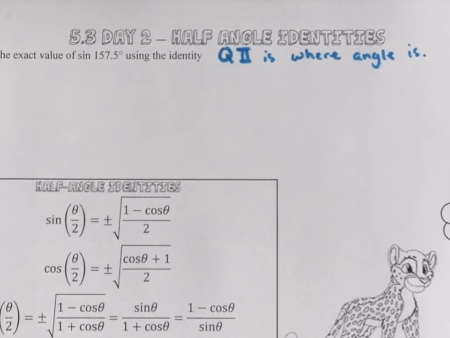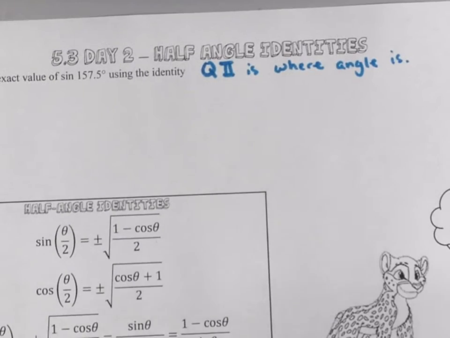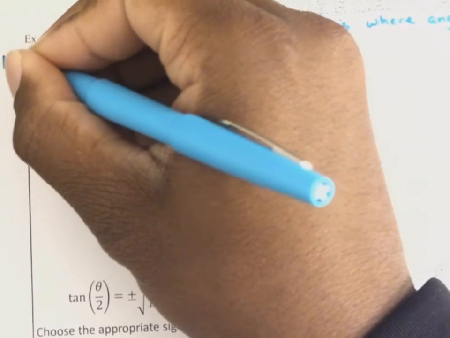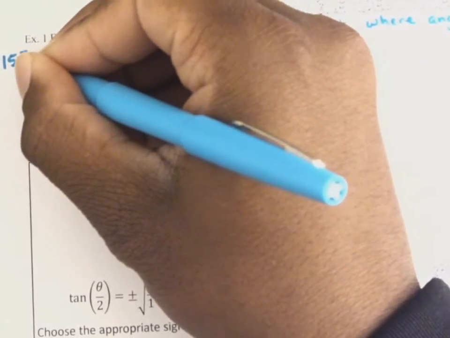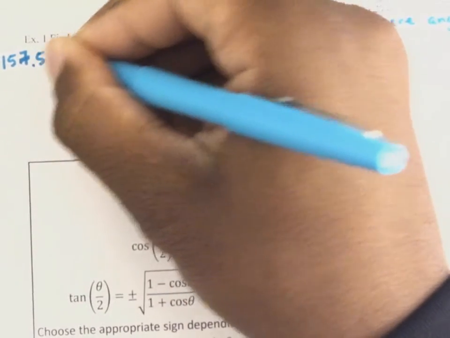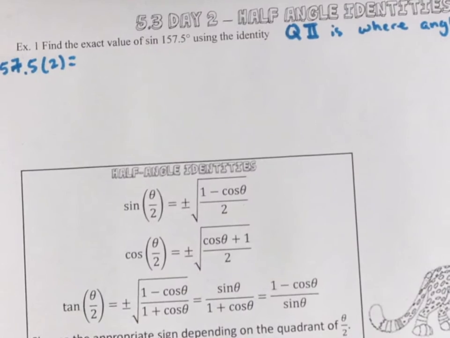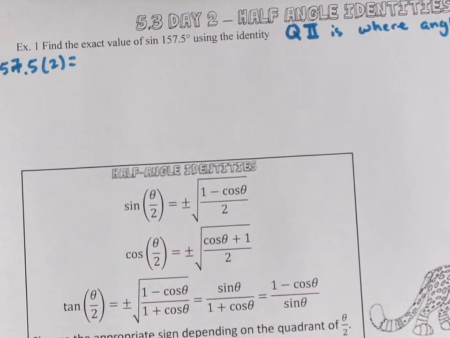So to figure out which angle I'm actually going to use to get these exact values, I just multiply this angle by 2. So I've got 157.5 times 2. And I get 330, I think. Yep. 315?